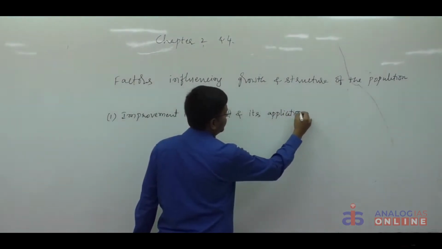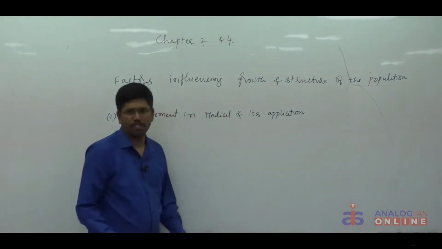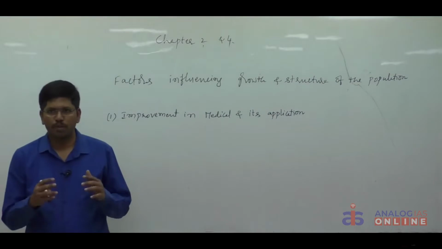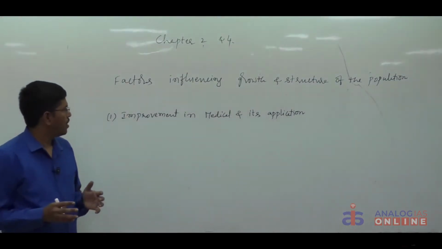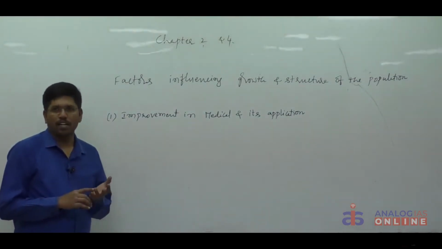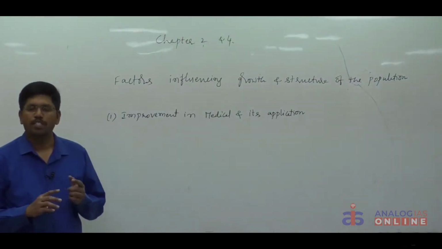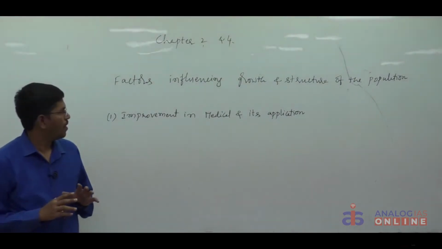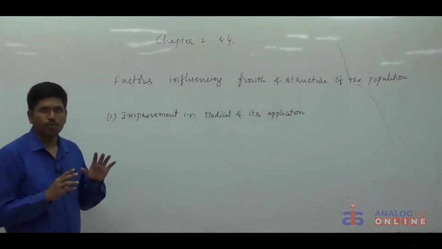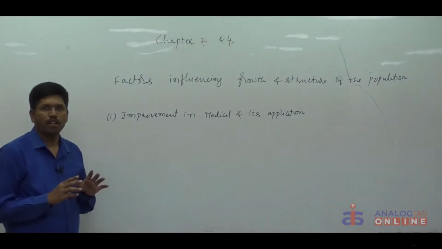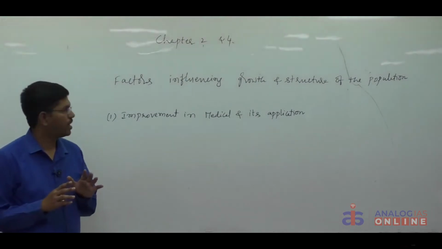In the olden days, because of epidemics, means sudden outbreak of disease, like cholera, typhoid, tuberculosis, millions of people died. That means because of those epidemics, there was a very heavy death toll.